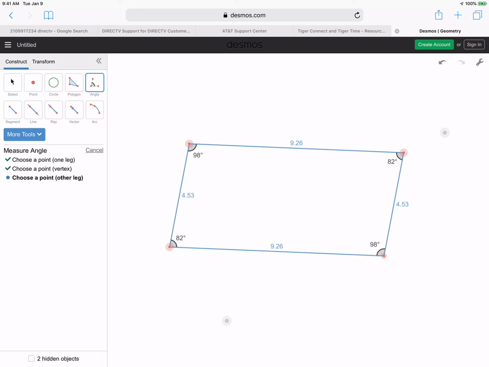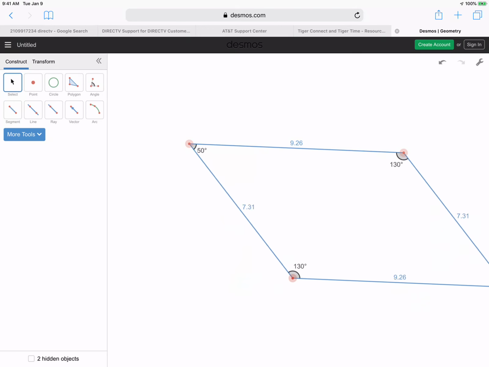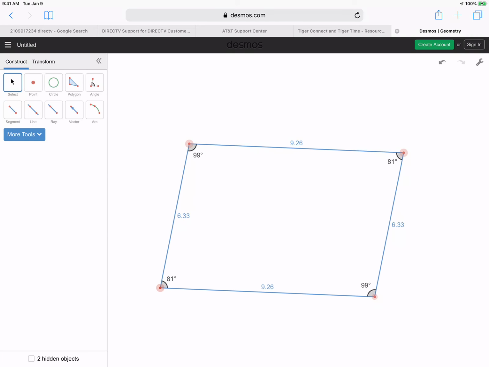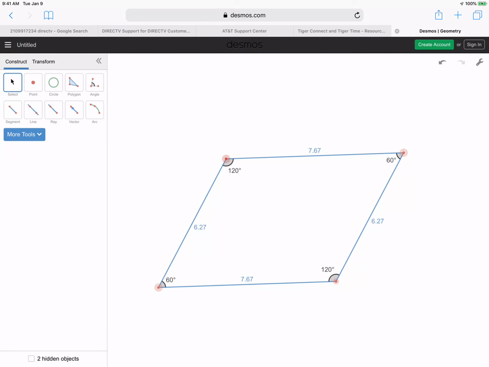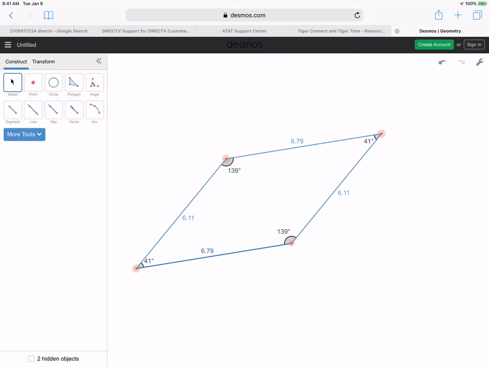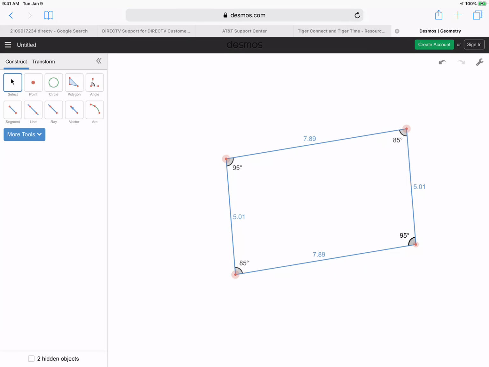So if I move this parallelogram around, the angle measurements change as I move it around, but you should see a pattern. And the pattern that you should see is that opposite angles are congruent to each other.